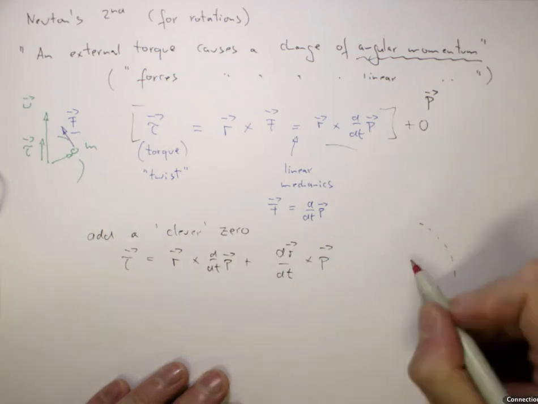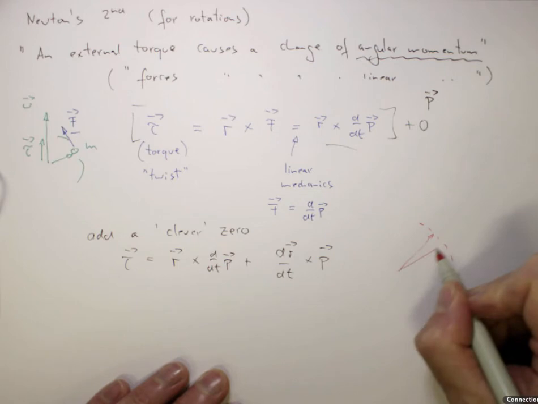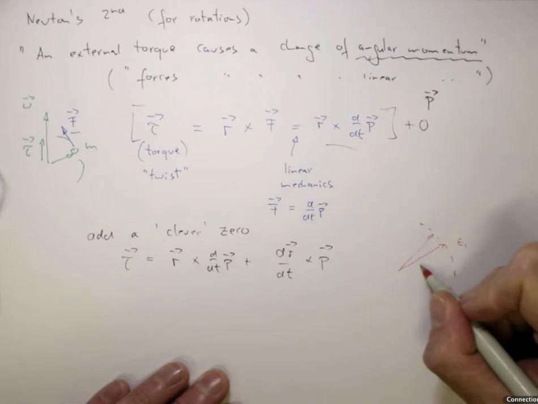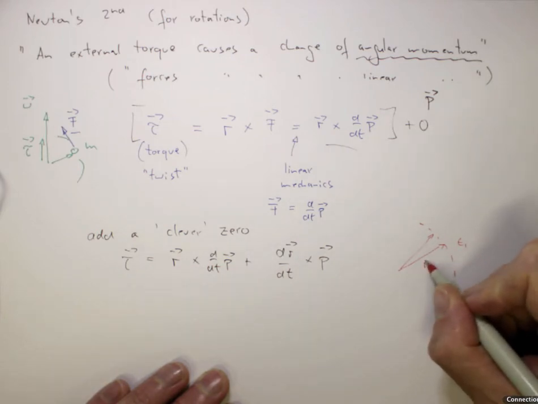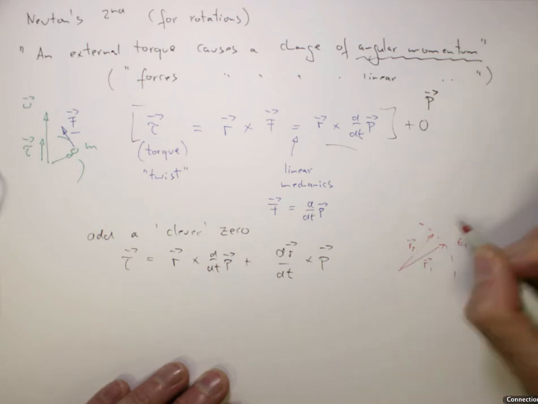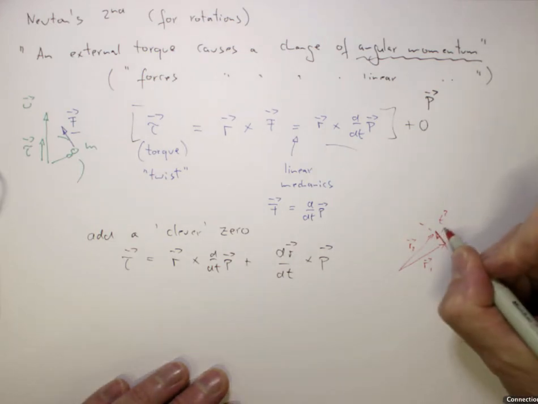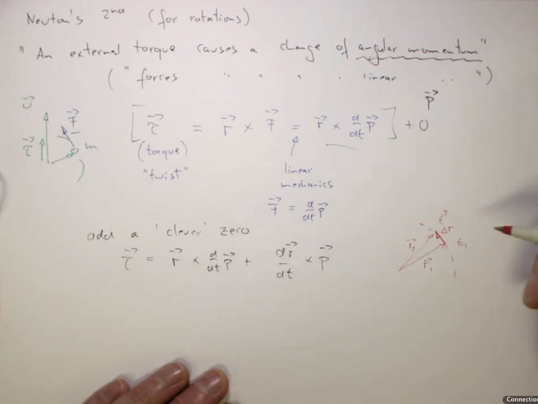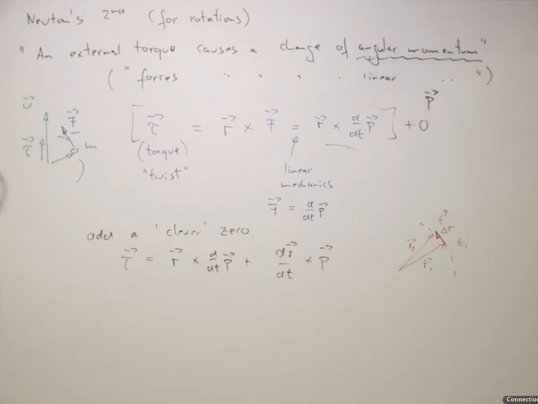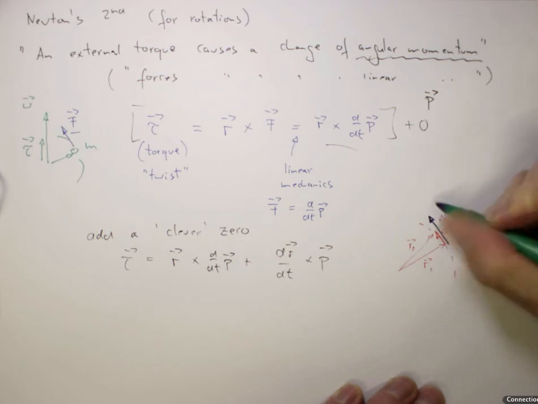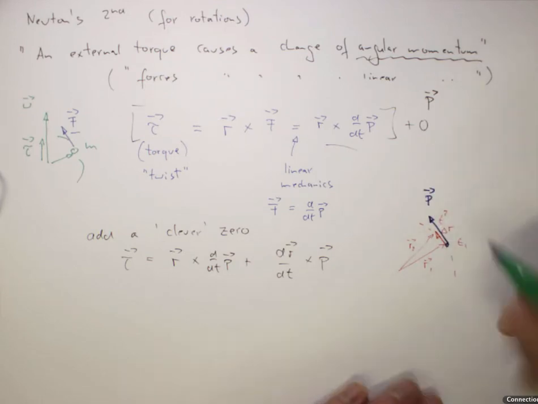If we look at our motion, then at some point t1 in time, we have this radial vector r1, and then we have r2 at a later point in time, and the change of the radial vector is that little difference vector here. So this is the delta r, and you can see that that vector delta r, the change in radius, is equal in direction to this blue vector, which is the momentum vector of our particle.